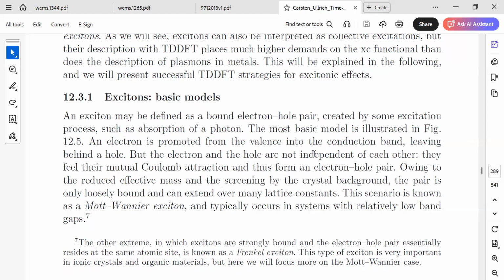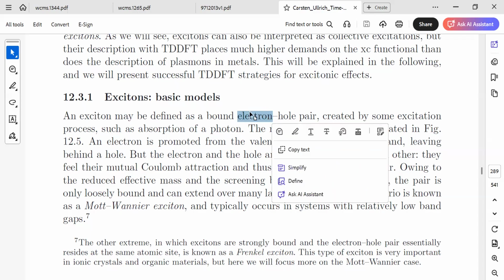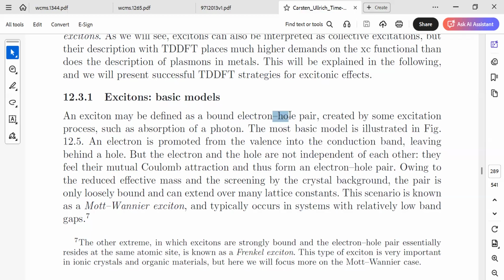It is the same excitation process as I already told you, when one of the electrons goes from some energy level up to the next energy level, and when this electron leaves the one energy level, it leaves behind a hole.